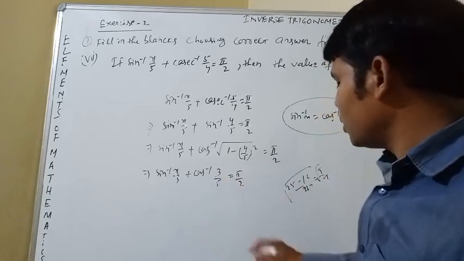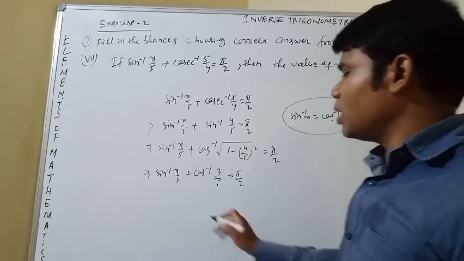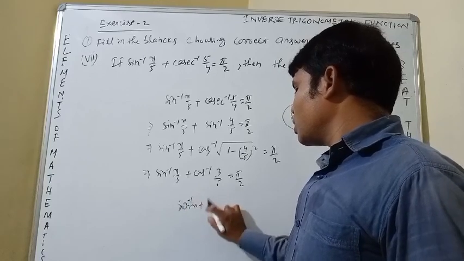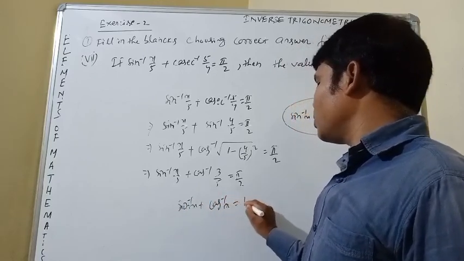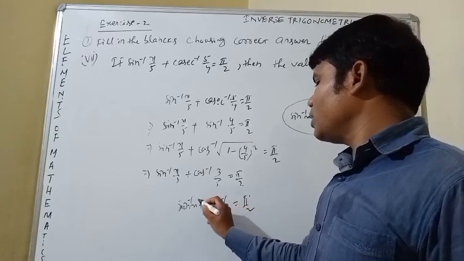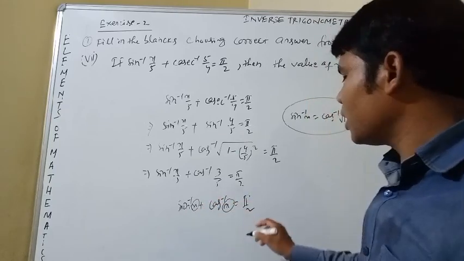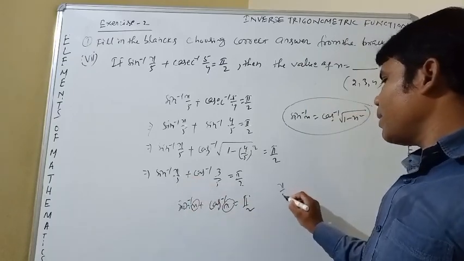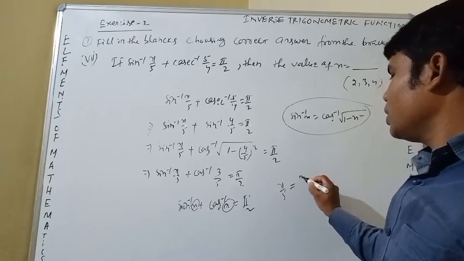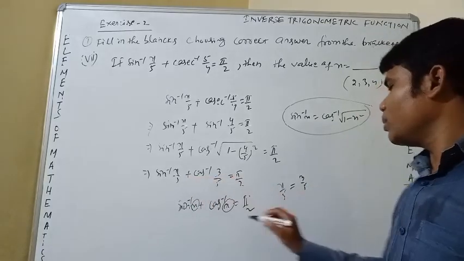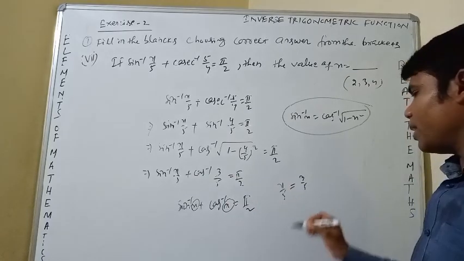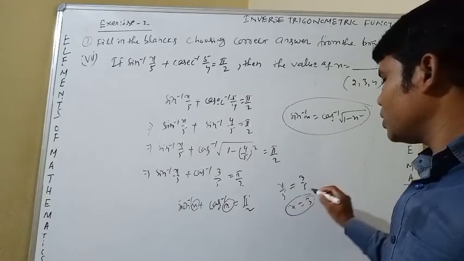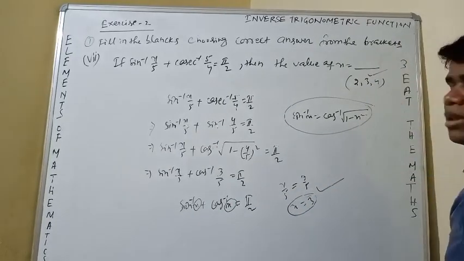You compare this with sin inverse x plus cos inverse x is equal to pi by 2. You see here x given, sin inverse x plus cos inverse x is equal to pi by 2. Here also x by 5 is equal to 3 by 5. Okay, these two should be equal, otherwise you cannot get pi by 2, that is x is equal to 3. So the correct answer is how much? X is equal to 3. This is your correct answer. Pause the video, note it down.